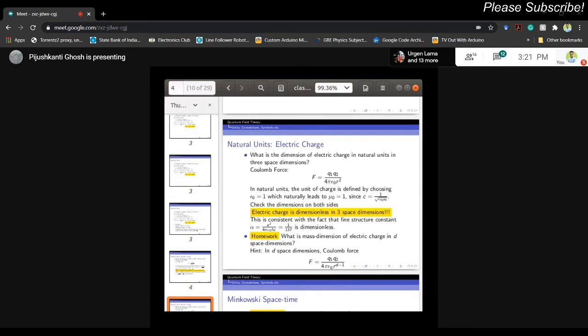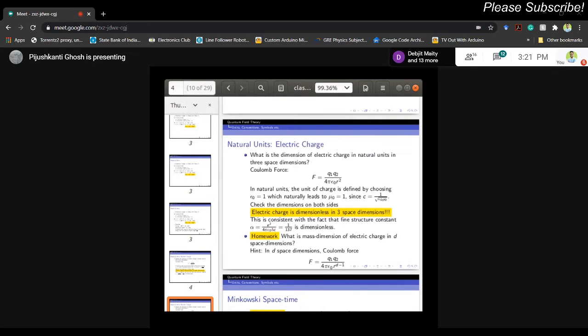But in four space dimension, that becomes a hypersphere, and for a hypersphere you get r cube dr, and then there will be three angles. Similarly, if you take fifth dimension, then again the power of r will increase and you will get many more angles. Okay, and from there we derive this formula.